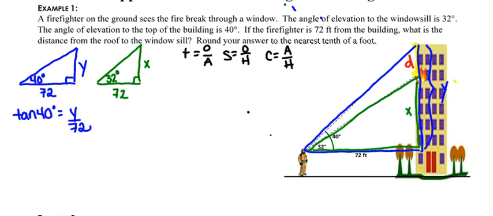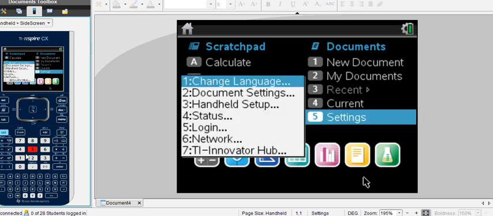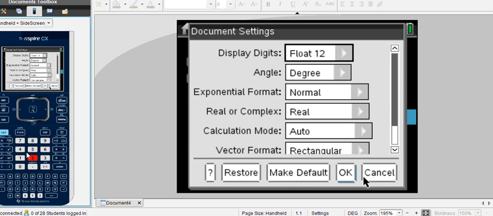At this point, I'm going to go ahead and dig out my calculator. If you need to pause the video so that you can dig your calculator out, go ahead and hit pause. But you need to be plugging these into your calculator as I'm working the problems on my calculator. Great, now that you've got your calculator, I'm going to start by going home and checking my settings and making sure that I'm in float 12 in degrees, which I am.